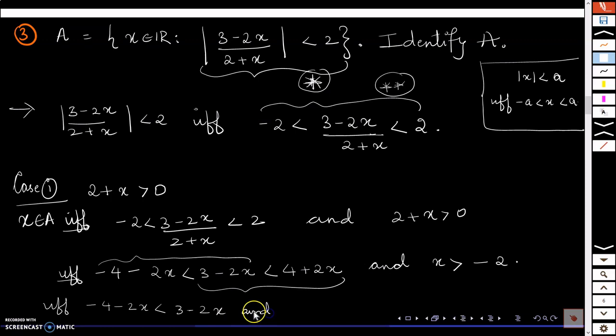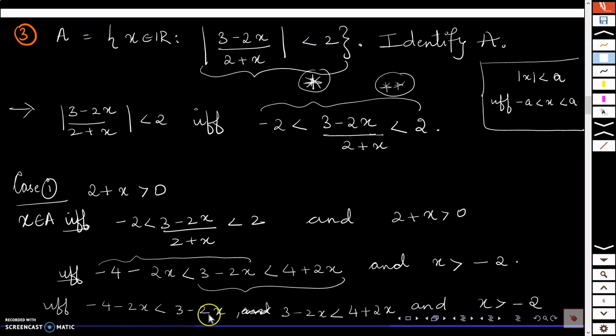Along with this, what should happen? 3 minus 2x must be less than 4 plus 2x, and along with this, x must be bigger than minus 2. So x will come inside A under this case only when it satisfies all these three conditions, right? So let's simplify each of these conditions.